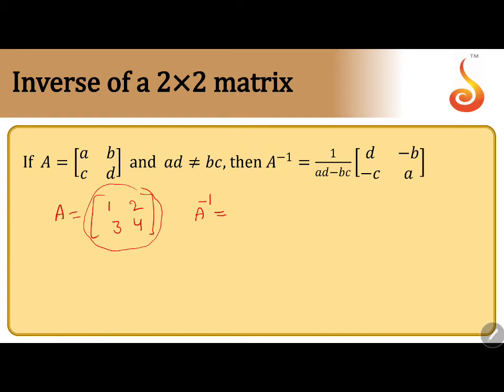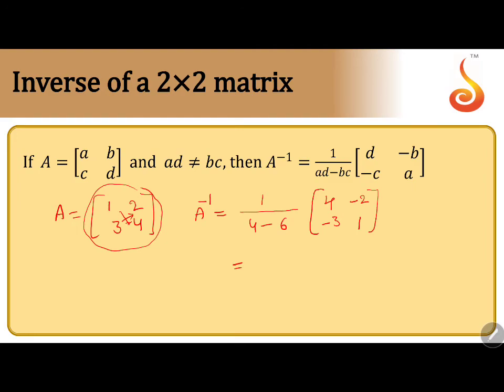Here a is equal to 1, b is equal to 2, c is equal to 3, d is equal to 4. So the direct formula is 1 by ad minus bc. That means 1 by 4 minus 3 into 2, which is 6. This matrix is the adjoint matrix. Just interchange the diagonal elements, 4, 1. Change the sign of non-diagonal elements, minus 2, minus 3.